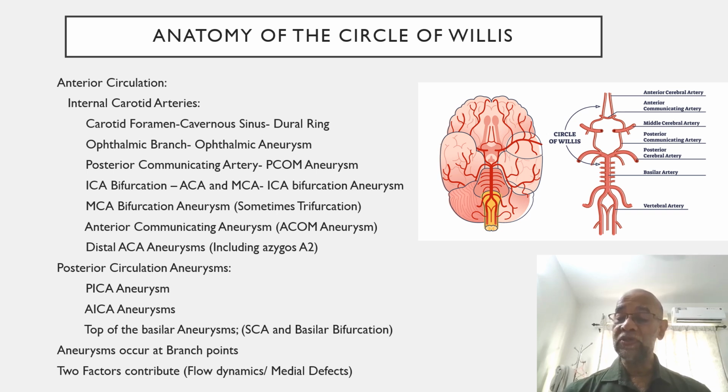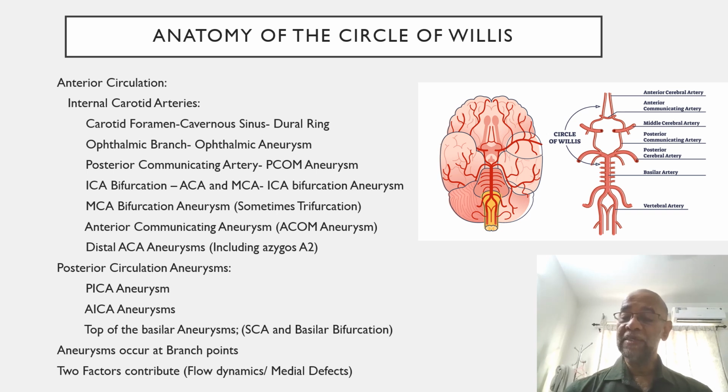The two vertebrals unite to form the basilar. The basilar gives off the AICA, or the anterior inferior cerebellar artery, and then moves up and gives off the superior cerebellar arteries before bifurcating into two posterior cerebral arteries. These posterior cerebral arteries arch over the tentorium to supply the thalamus and the occipital lobe.